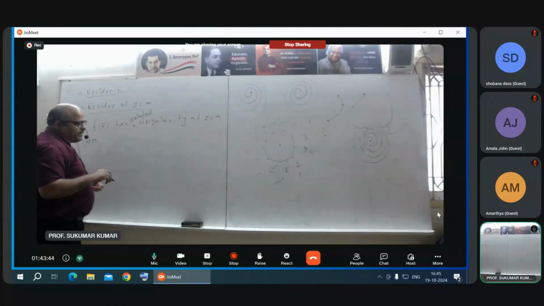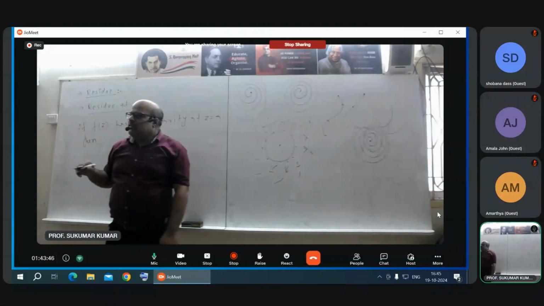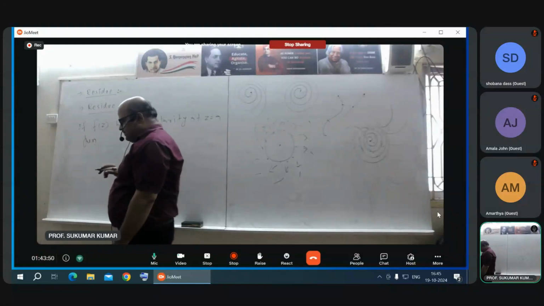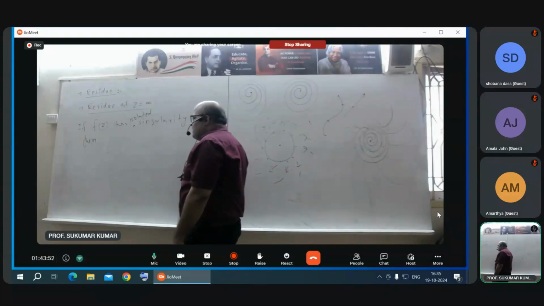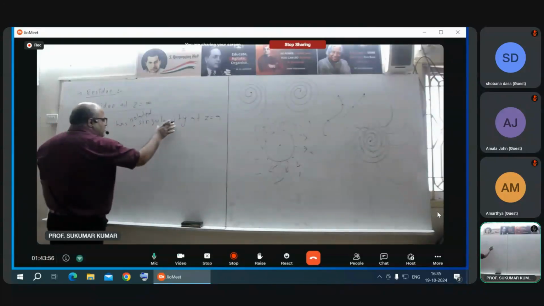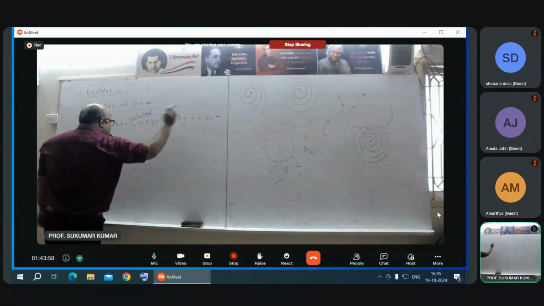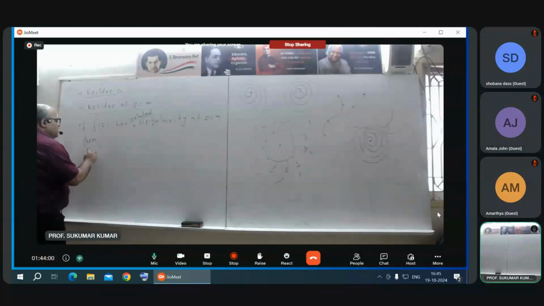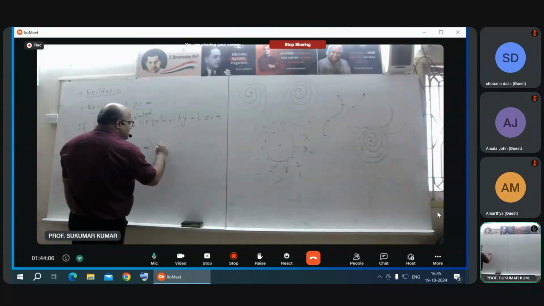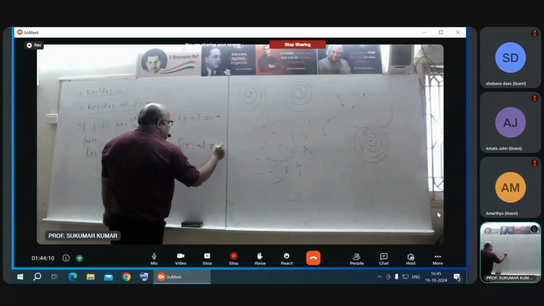When an isolated singular point exists, we will find the residue at this point. So residue of f of z at z is equal to infinity plus residue of f of z at z is equal to a, their addition will be 0.